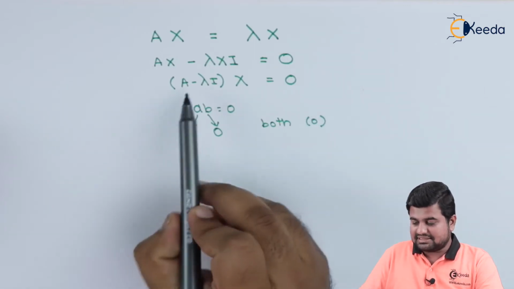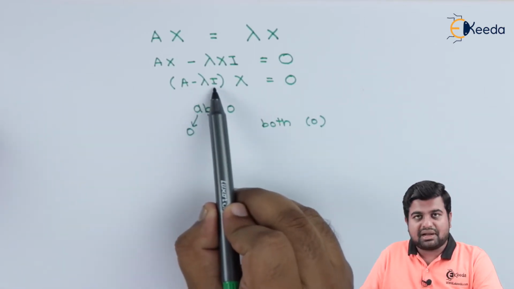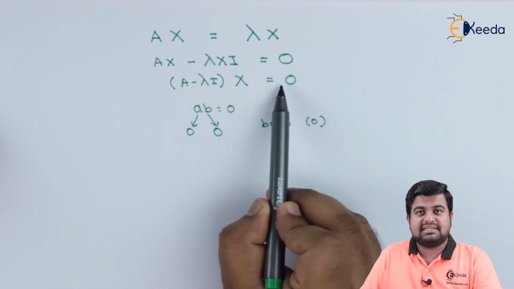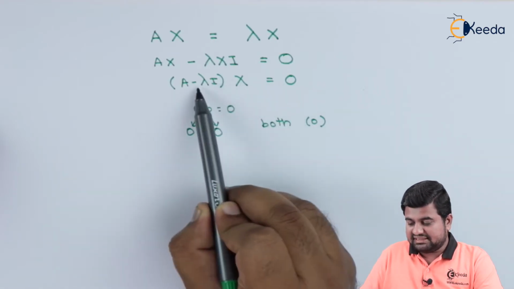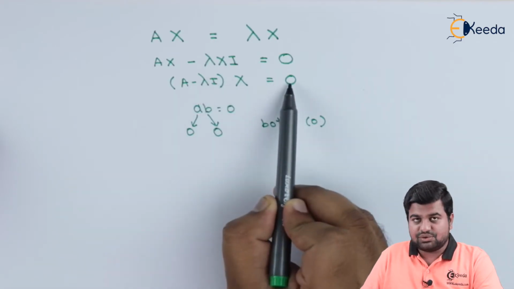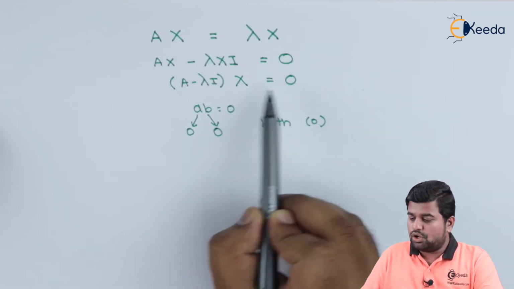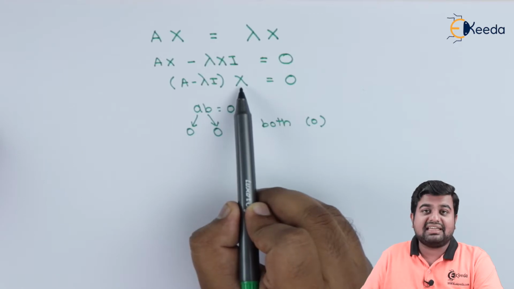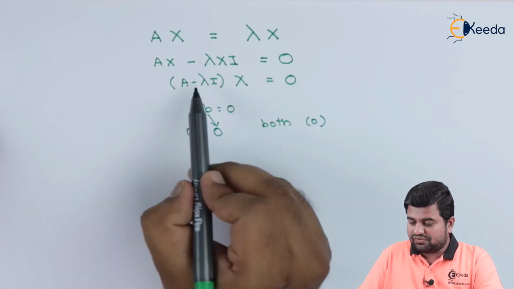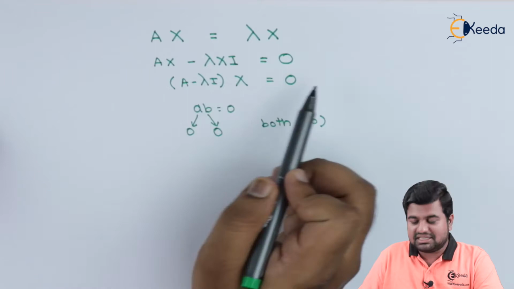But in this case we can see A minus lambda I into X is equal to O. Now we can either have A minus lambda I is equal to 0 or capital X, that is eigenvector, has to be 0. But friends, we cannot have eigenvector as 0.